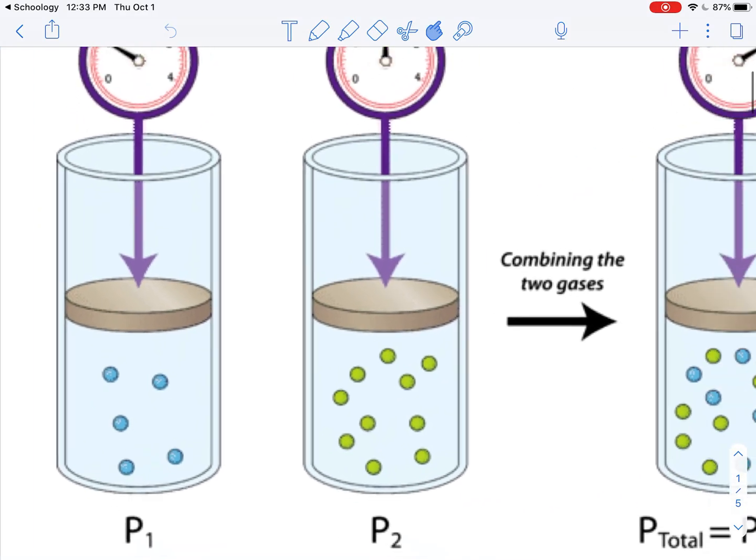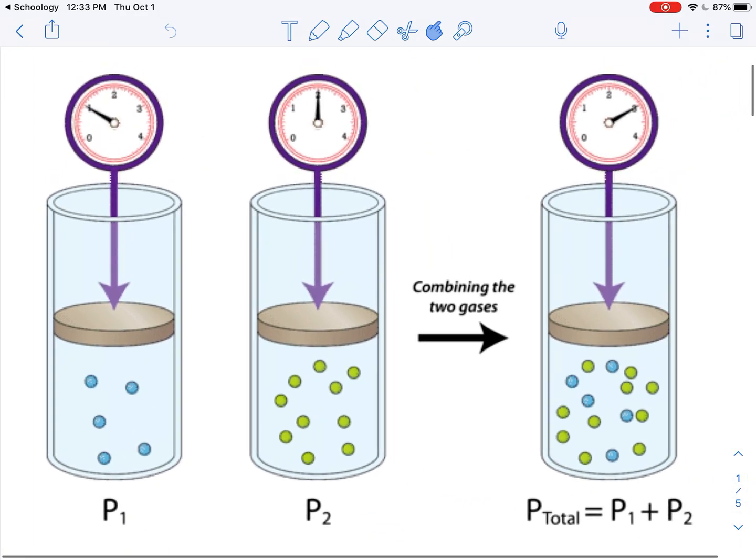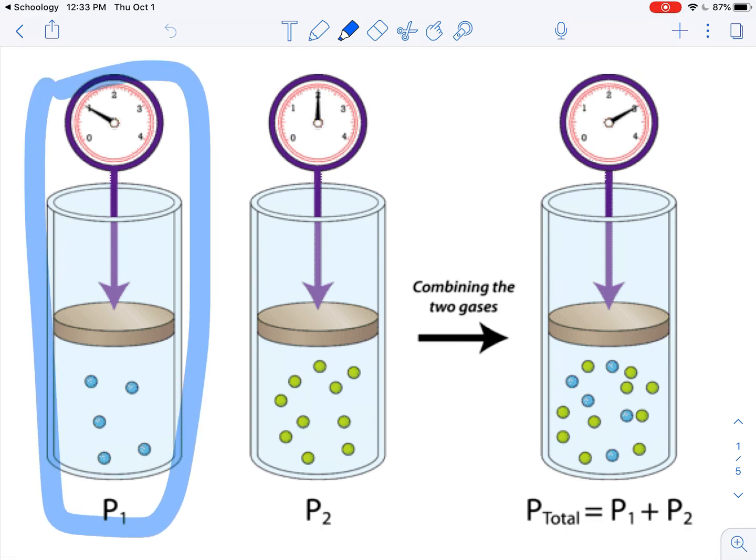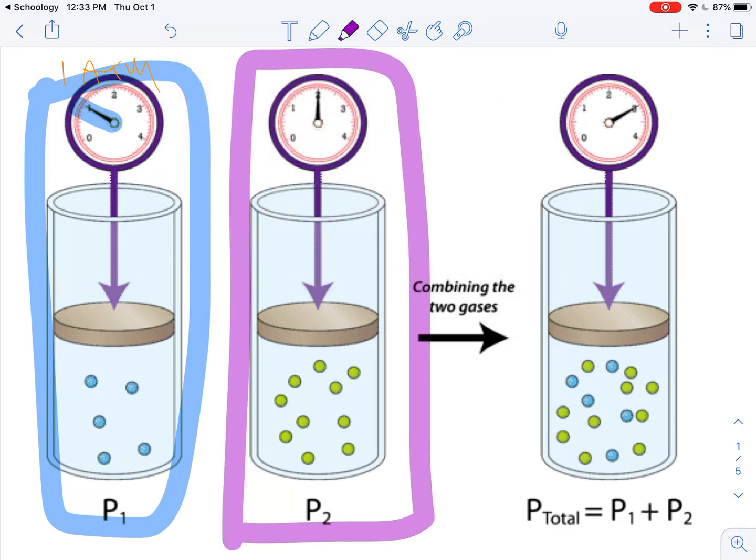So what if we have a situation where we have here pressure 1, right? So if we have pressure 1, and you'll notice that it is at 1 atmosphere of pressure, and we take a second gas over here, which we'll call pressure 2, and that guy is at 2 atmospheres.